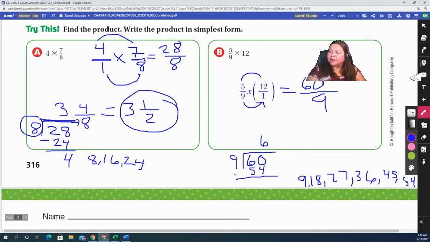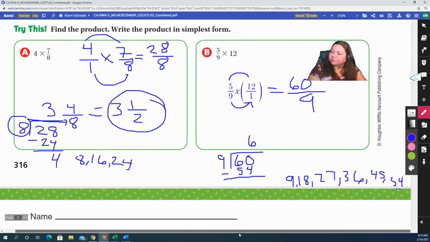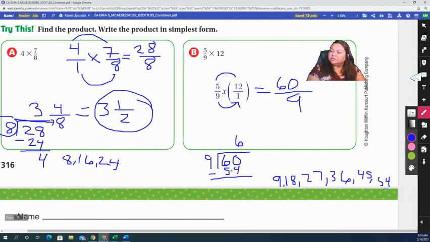So now I'm going to subtract. And so when I subtract 60 minus 54, that is equal to 6. So that means that I have the remainder left over 6. And I'm going to put that over the denominator, 9.